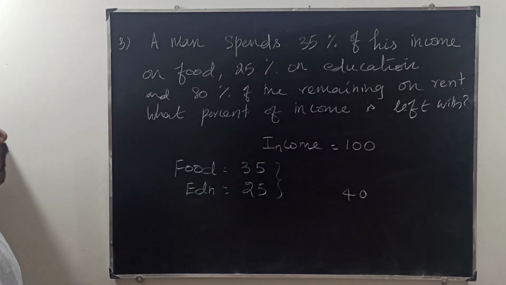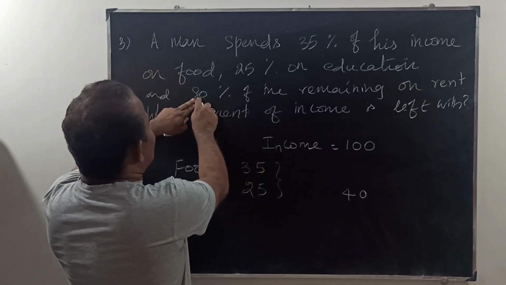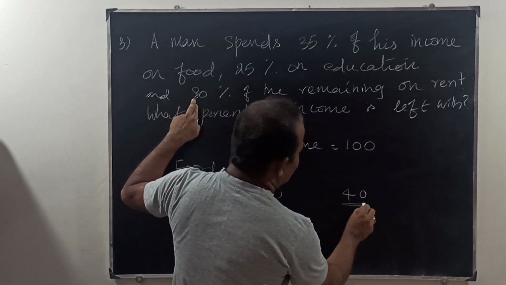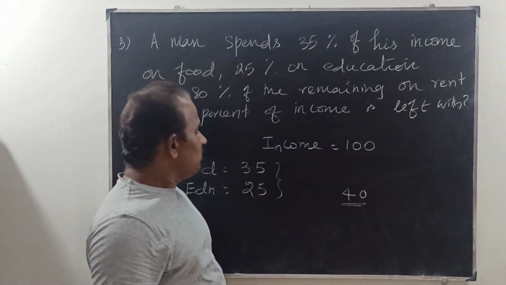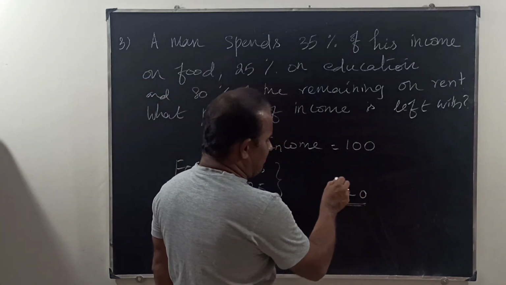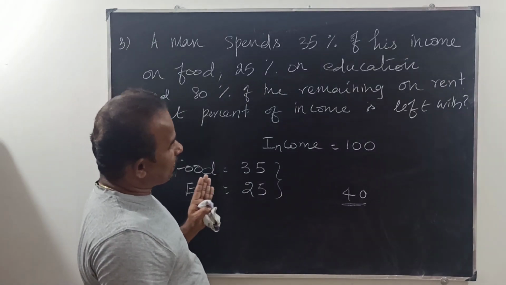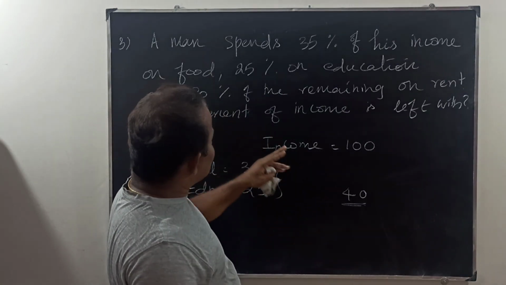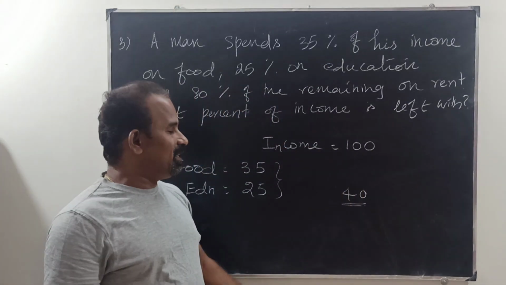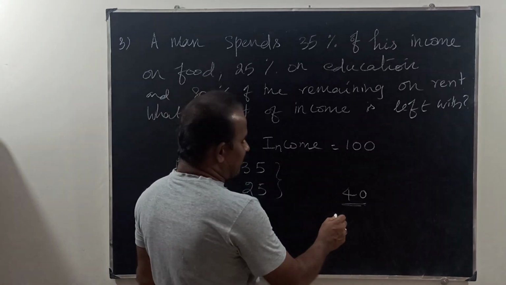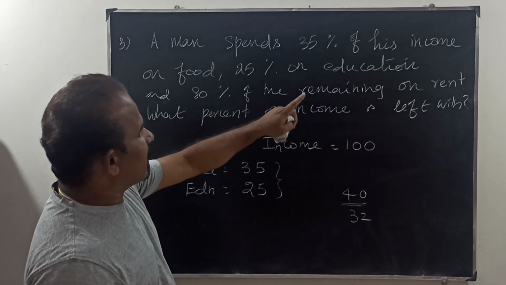And 80% of the remaining, so we have to calculate 80% of 40. Here 10% is 4, so 80% is 8 into 4, which is 32 rupees. What is the 32 rupees for? House rent.